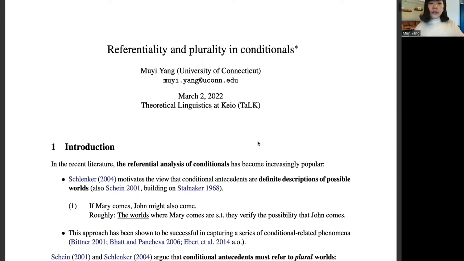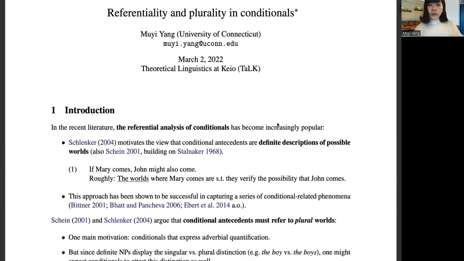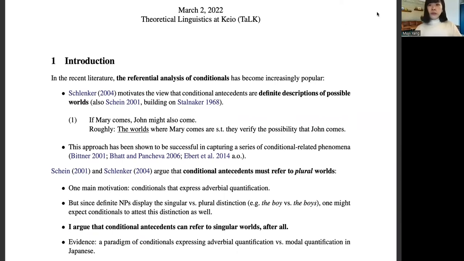Today I would like to talk about what is known as the referential analysis of conditionals in the recent literature on conditionals. This is a view that has been mostly motivated by Schlenker, who suggests that conditional antecedents are definite descriptions of possible worlds.